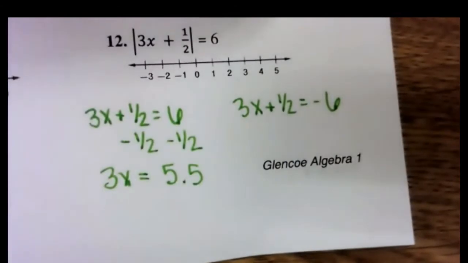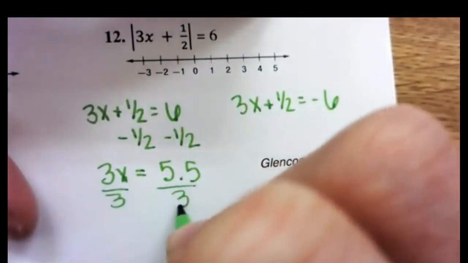So you'll subtract 1/2. And if you like decimals, that would be 5.5. If you like fractions, then it would be 11 halves. And then you would divide that by 3.